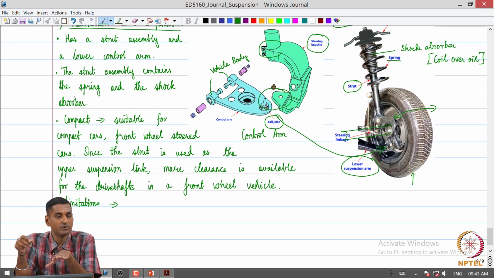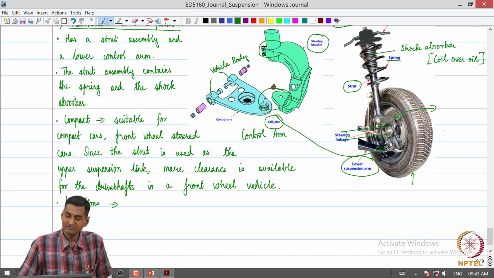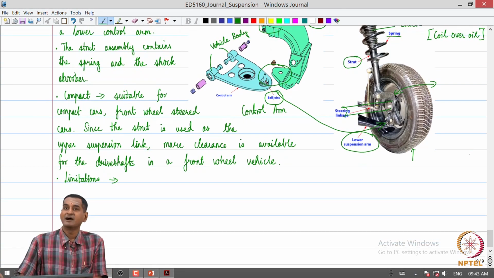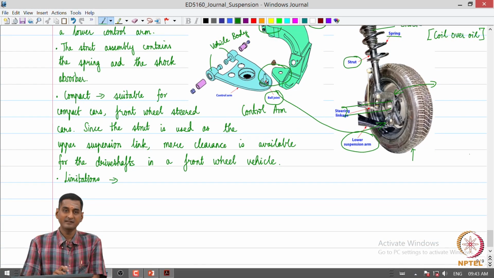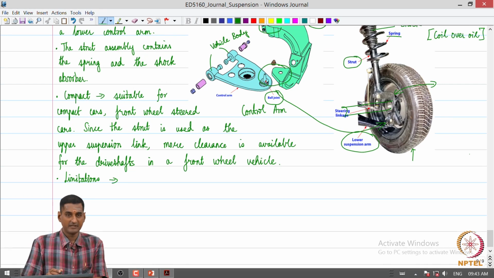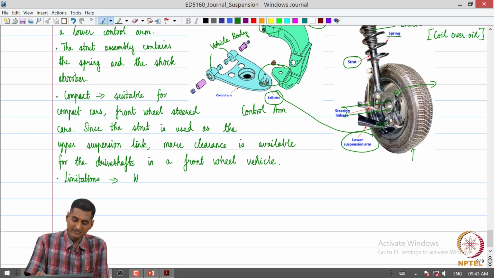So, the McPherson strut cannot take care of that aspect and consequently that is going to affect the handling properties. So, the wheel camber angle changes due to wheel movement.